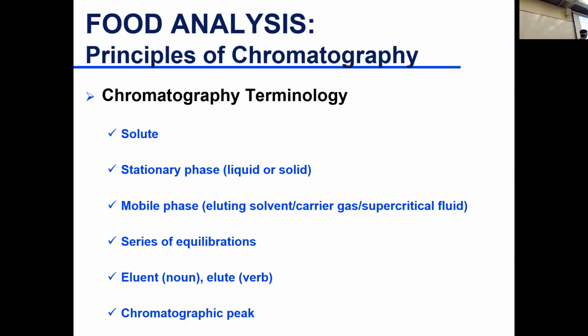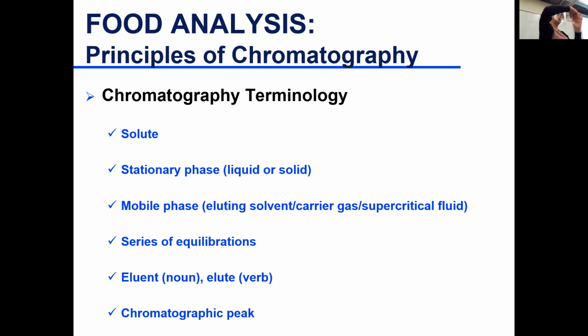So series of equilibrium or equilibration, that's what I just showed you in each tube, that equilibration happening. In a column, there will be equilibration happening at each theoretical plate, and we'll talk about theoretical plate later. But the compound, as it moves inside of your column, or it moves down the stationary phase, it's basically going in and out.